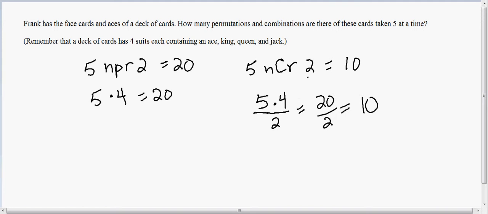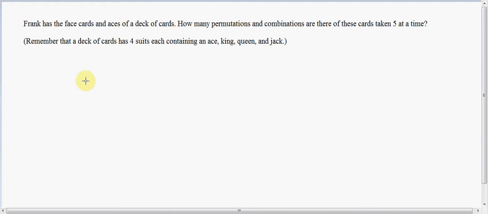Let's erase this. I'll pause it to erase what we have. All right, let's look at one other example before we actually do the problem. Let's say we have 6 objects, and we want to know how many permutations there are taken 4 at a time. With the calculator, you can do this real quick. 6 PRB, hit nPr, hit 4, gives you 360.